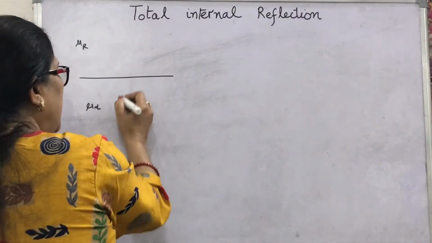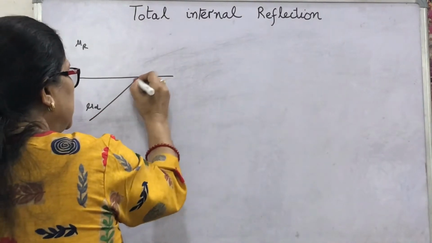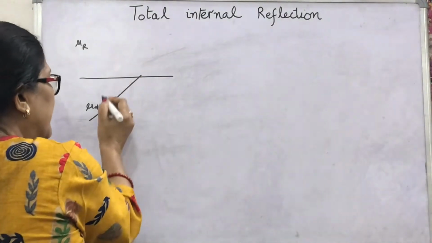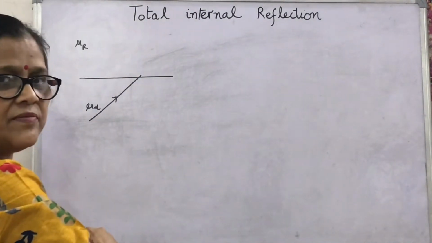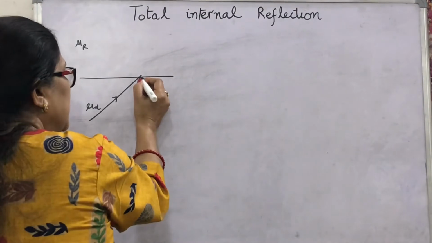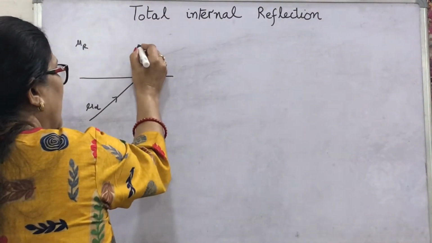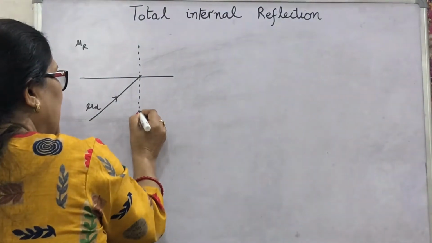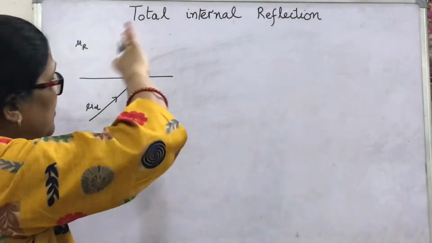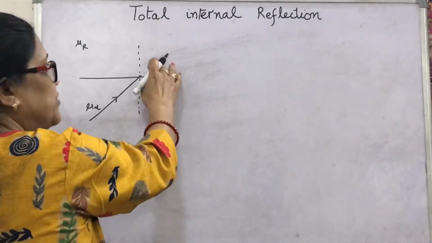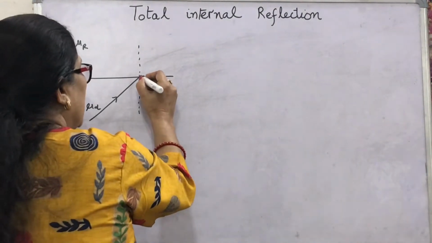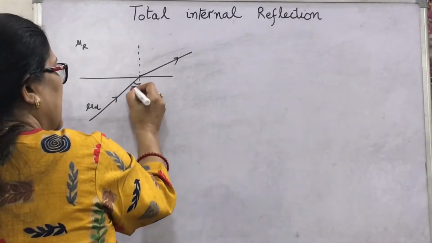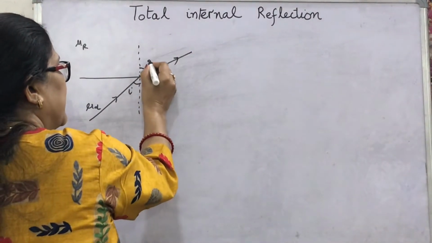If a light ray comes in this way, that is incident at this point from denser to rarer medium, then at this point if you draw the normal, as we have seen in the case of refraction, what happens? The light ray bends away from the normal in going from denser to rarer medium. So it will move like this. This is the refracted ray, this is the angle of incidence, this is the angle of refraction.